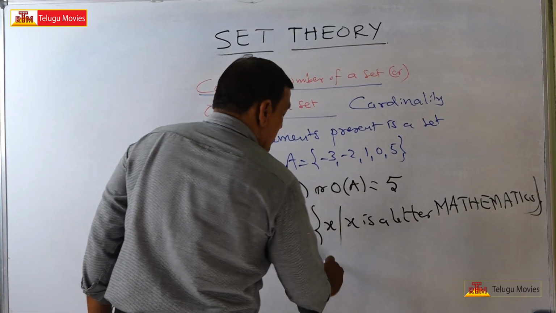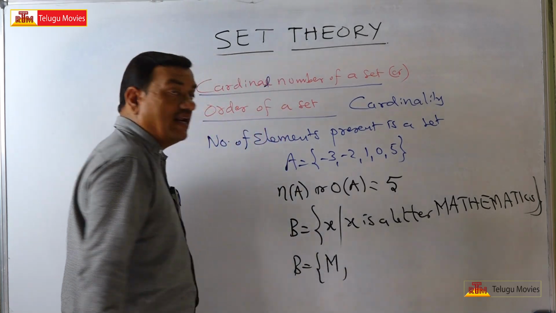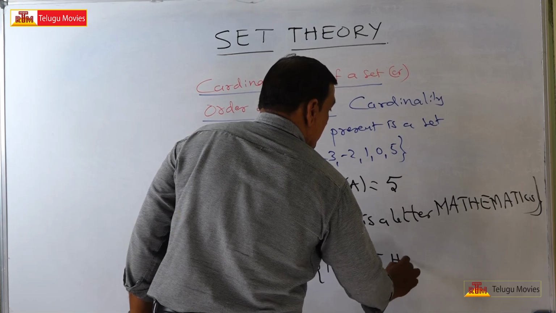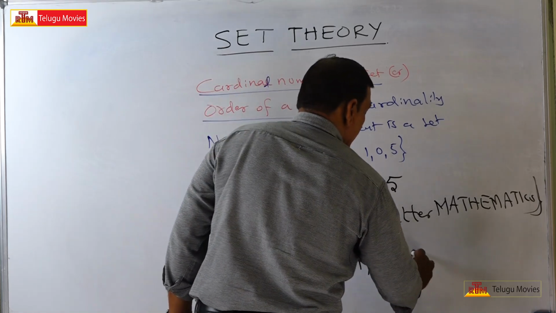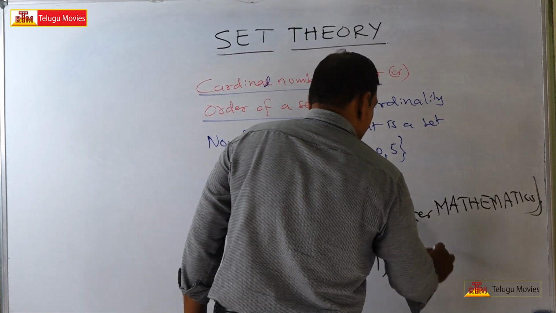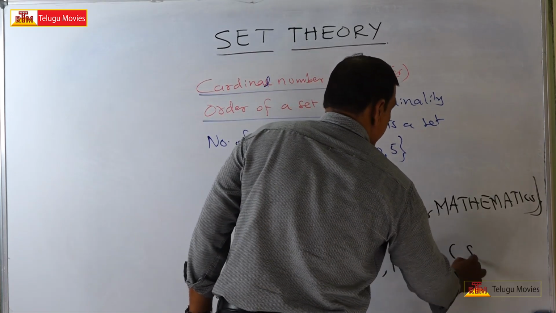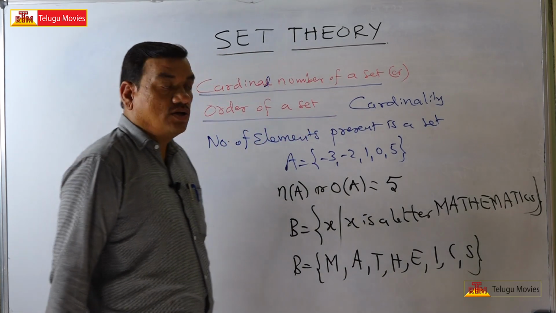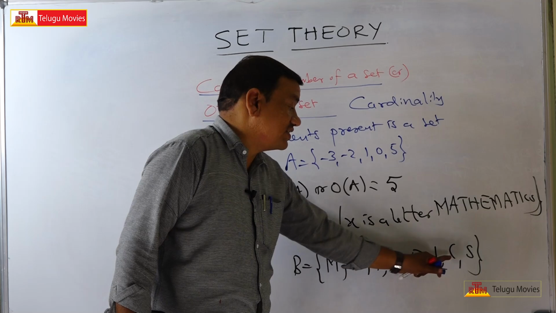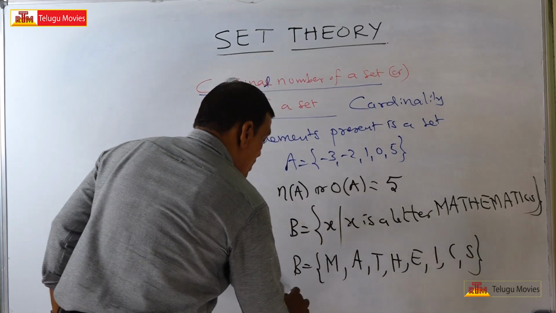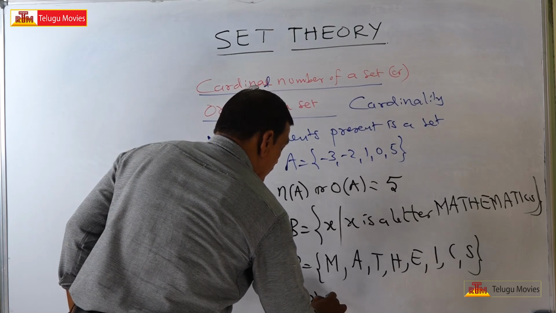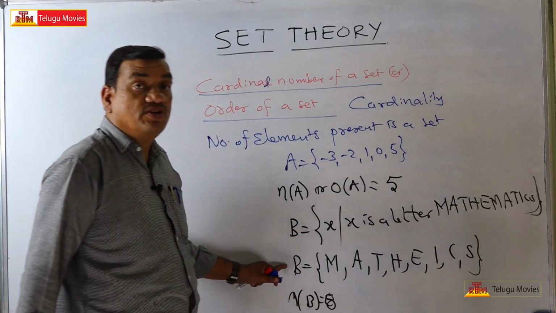That means here the set B contains the letters M, A, T, H, E. Already M repeated, A repeated, T repeated, then I, C, S. These are all distinct. So 1, 2, 3, 4, 5, 6, 7, 8. Therefore n(B) = 8. So the cardinality of this set B is 8.